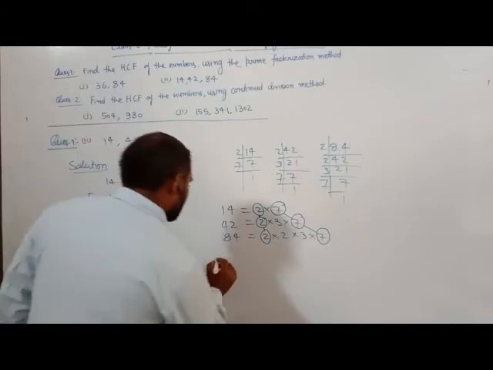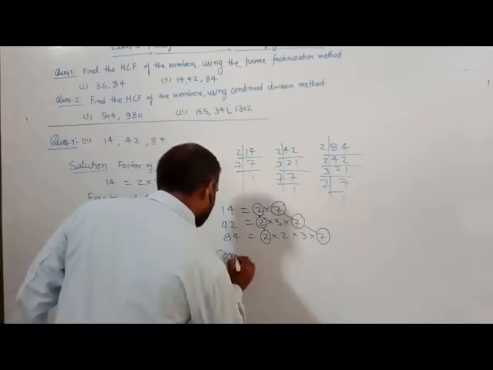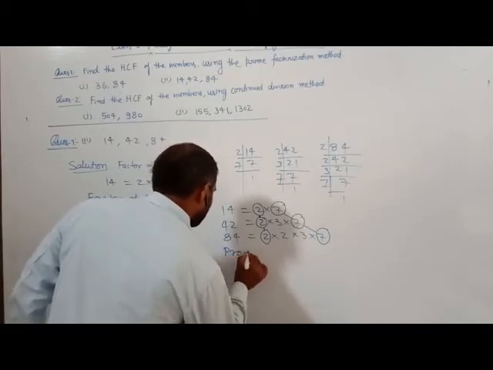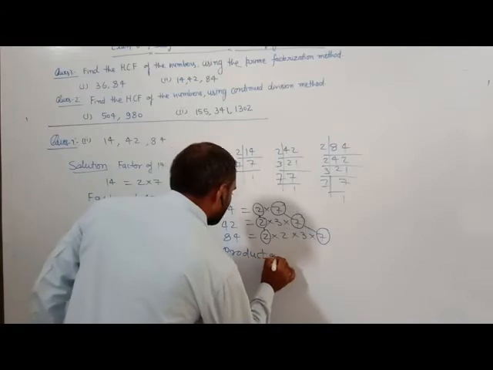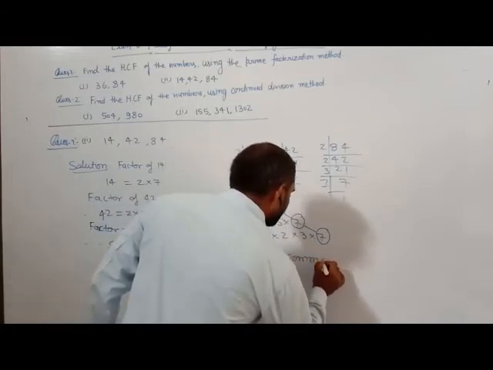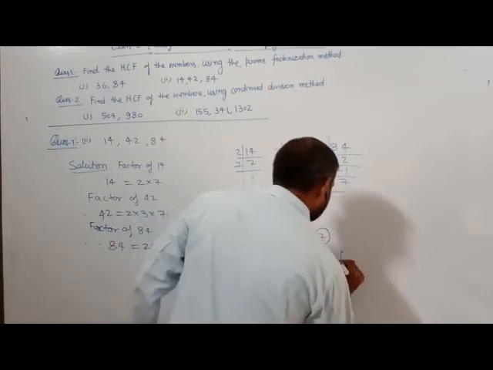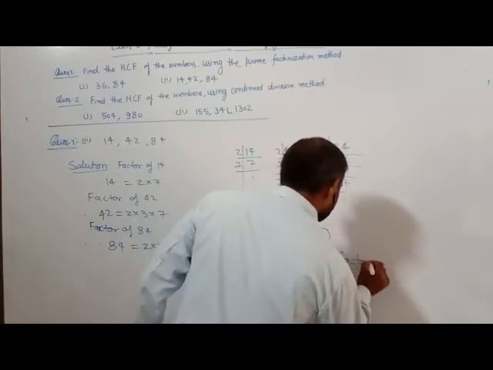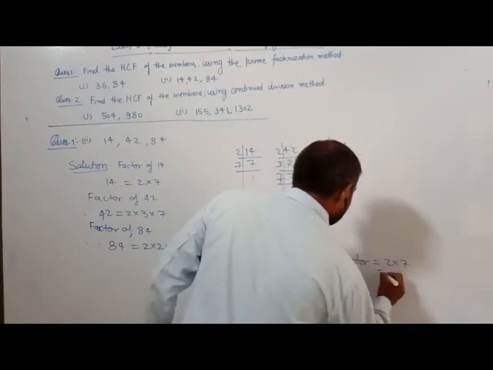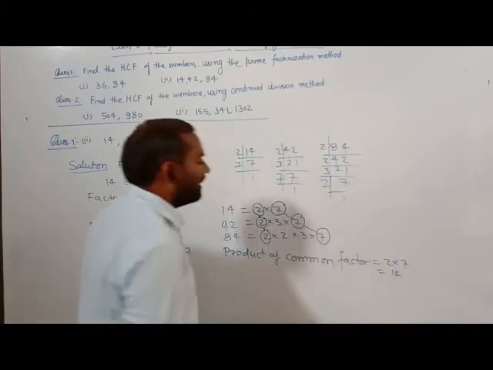So the product of common factors is equal to 2 into 7, which is equal to 14.